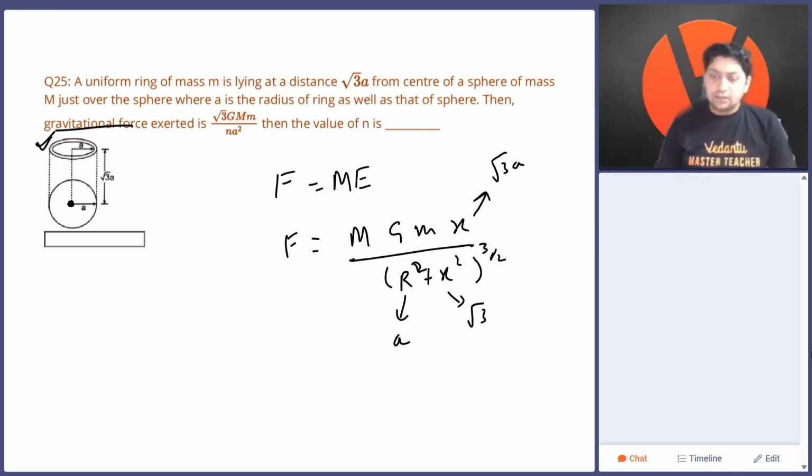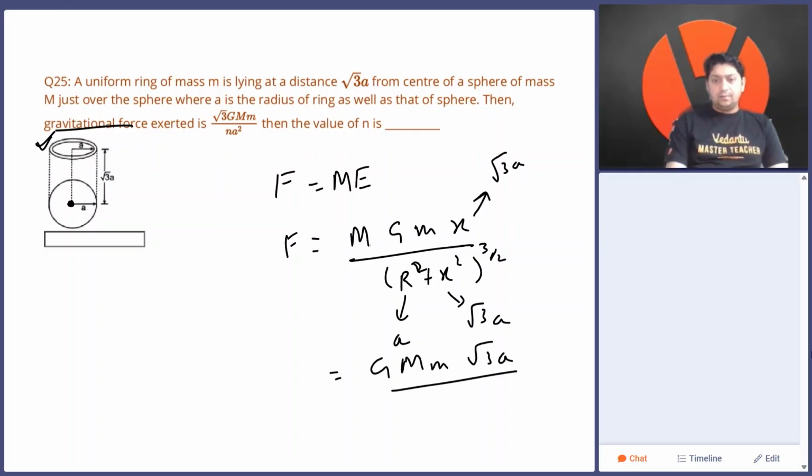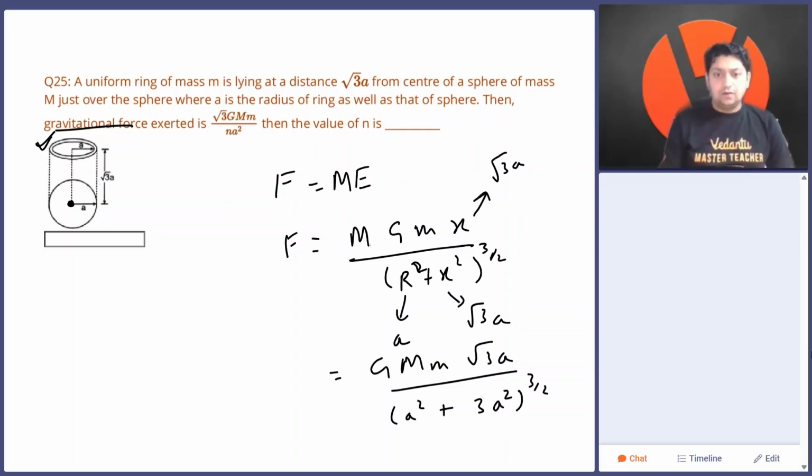The value of x is √3a and r is a. So over here, G m √3a by (a square plus 3a square) to the power 3 by 2.